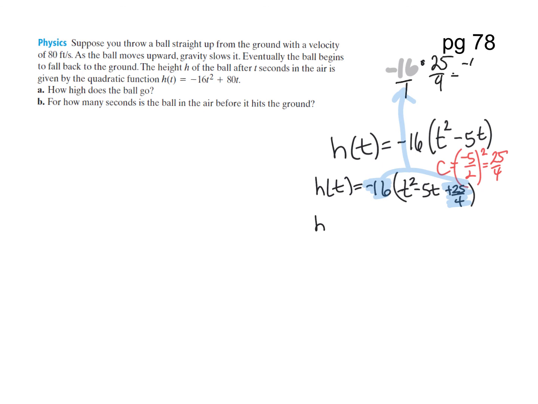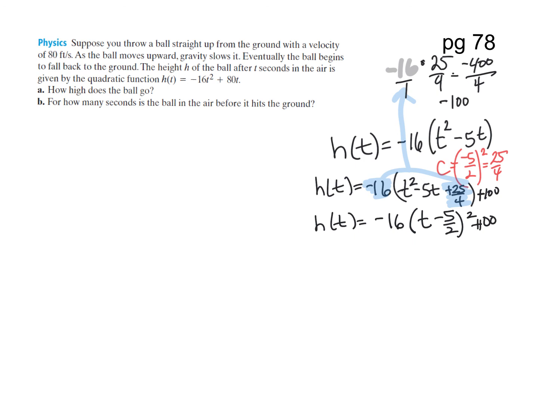And that was negative 400 over 4, which is negative 100. So we subtracted 100. To balance it, we add 100. So h of t is going to equal negative 16 times the quantity t minus 5/2 squared plus 100.